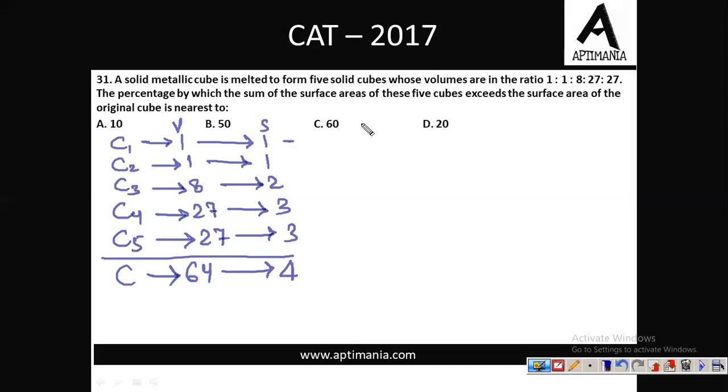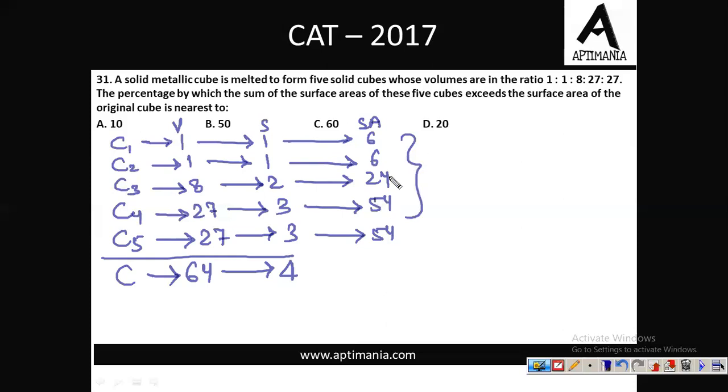अच्छा, इनका अगर सरफेस एरिया निकालेंगे तो क्या हो जाएगा? 6 a squared से इसका हो गया 6, इसका भी हो गया 6, इसका हो गया 6 into 4 24, इसका हो गया 6 into 9 54, इसका हो गया 6 into 9 54, right? So on adding we'll get a total of 54 and 54 108, and 24 is 132, and this is 12, so it will be total of 144, and इसके हिसाब से निकालेंगे so it will be 96, 6 into 16 96.